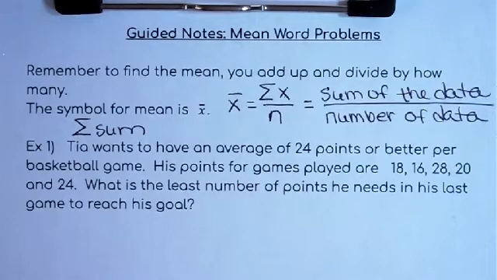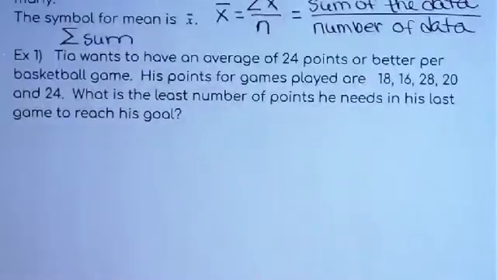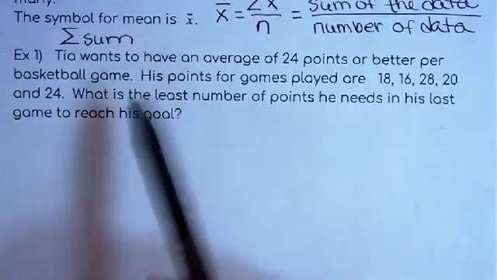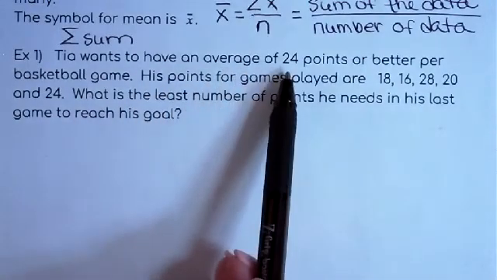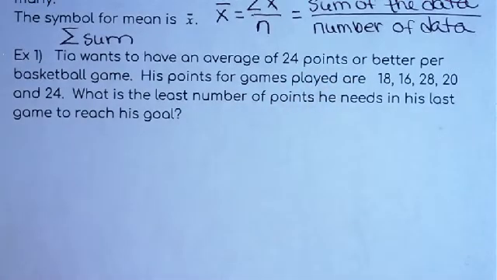Now we're going to work through two examples and show how we can use this formula and what we know about solving equations to find a missing value. So as you're going through, pause your video as needed so that you can copy down. Our first example right here says, Tia wants to have an average of 24 points or better per basketball game.